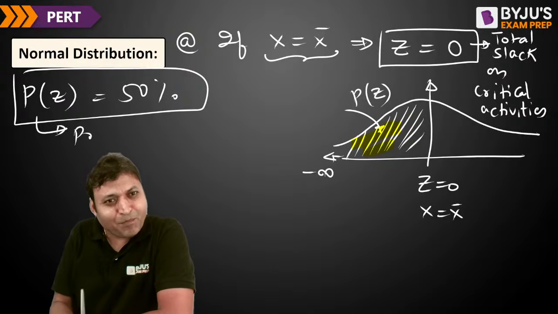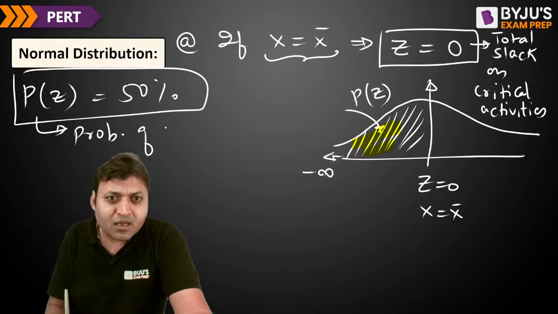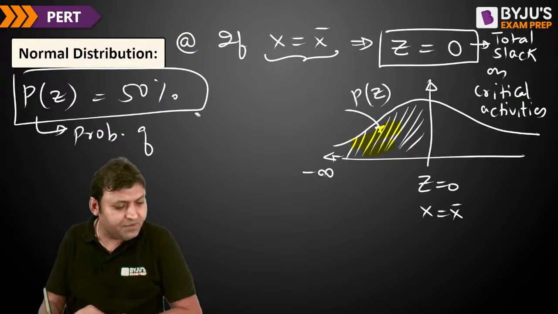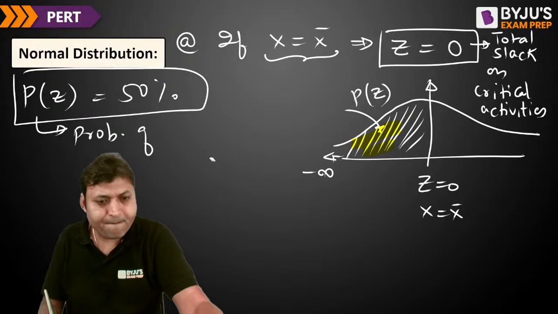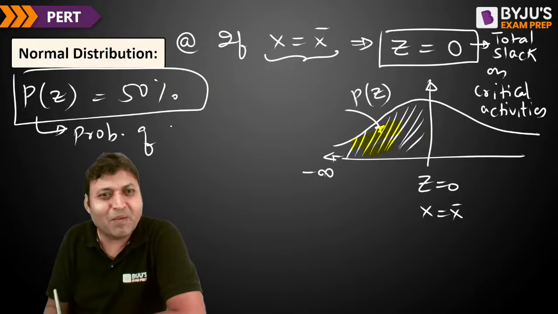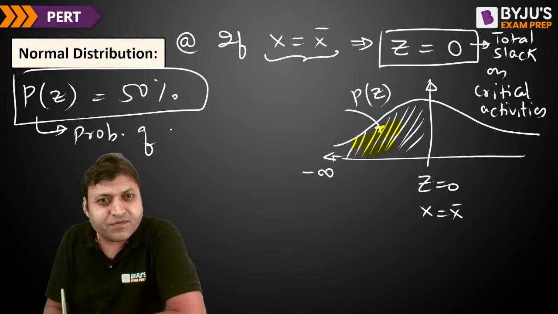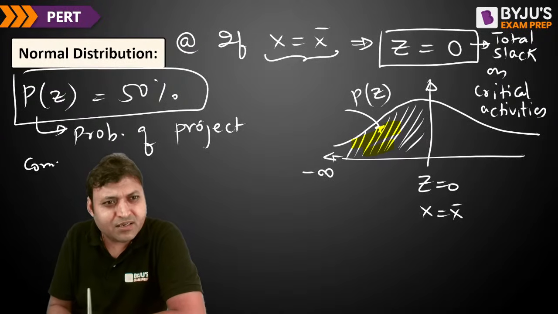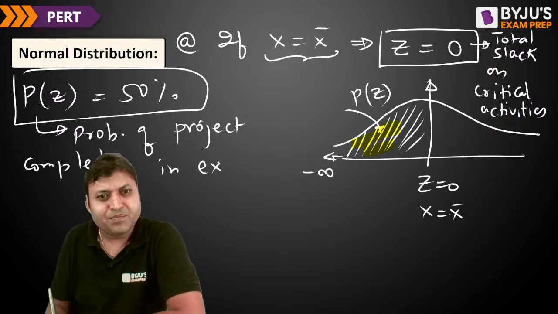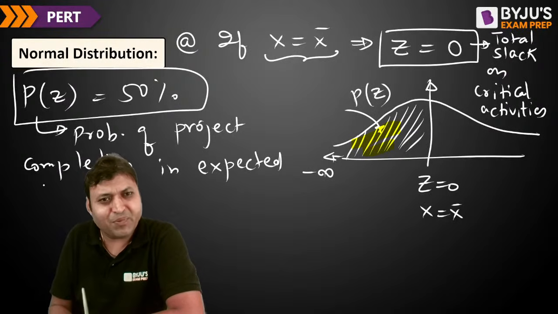That means it is the probability of project completion. 50% is the probability of project completion in expected time, in expected project completion time.